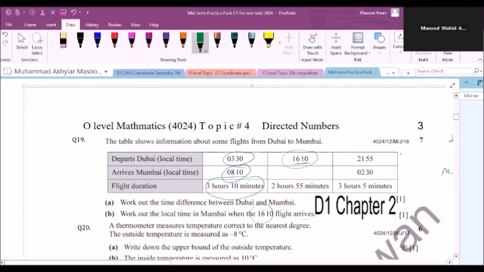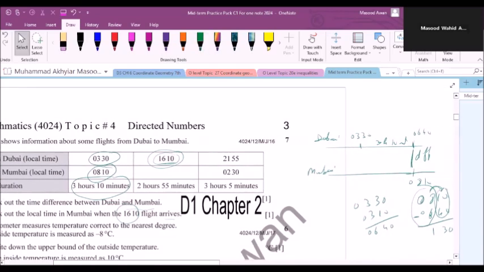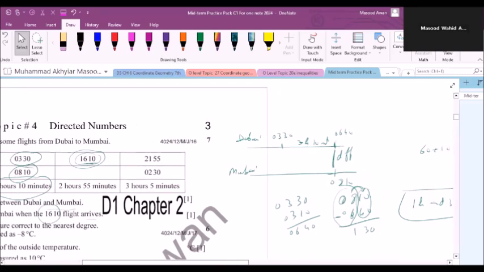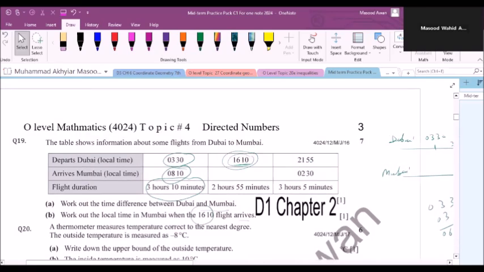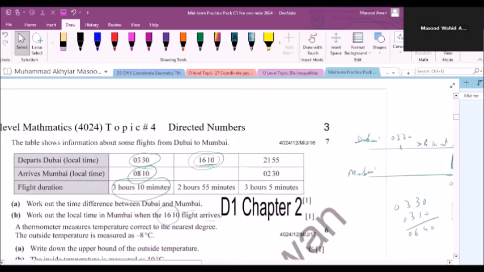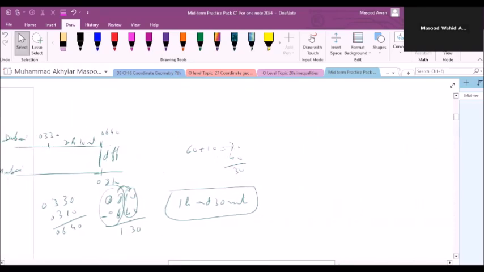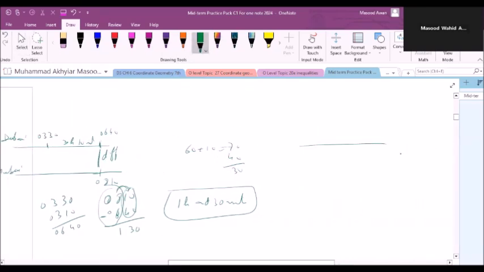Departure from Dubai is 16:10, and we want to find out the local arrival time in Mumbai. Again, this is 16:10 and Mumbai is ahead by 1 hour 30 minutes.